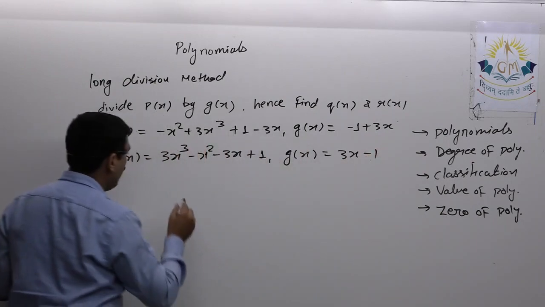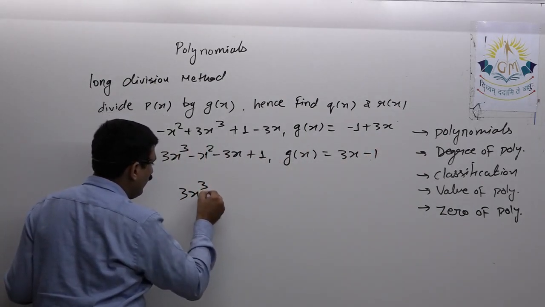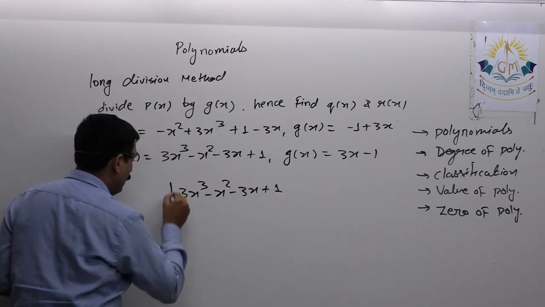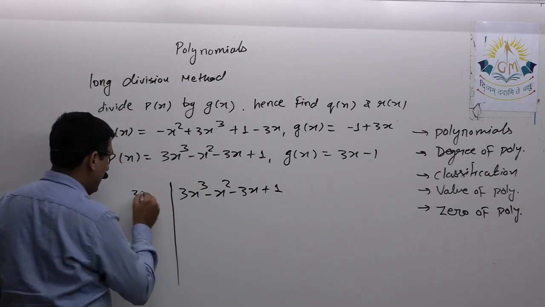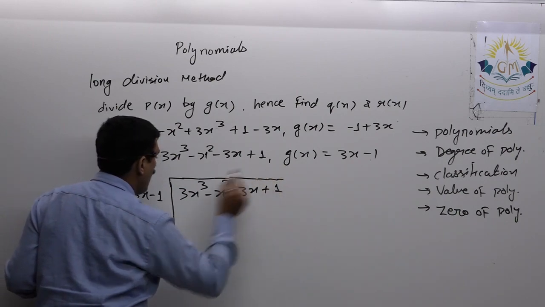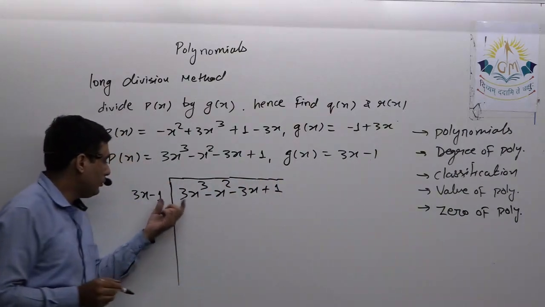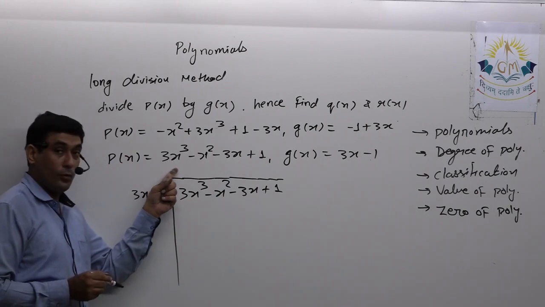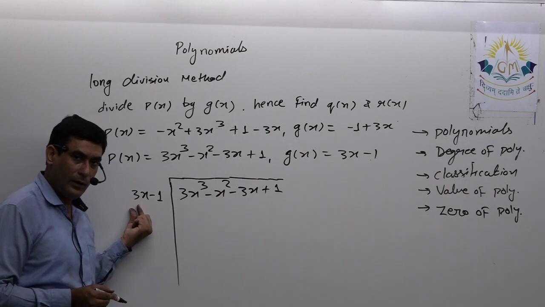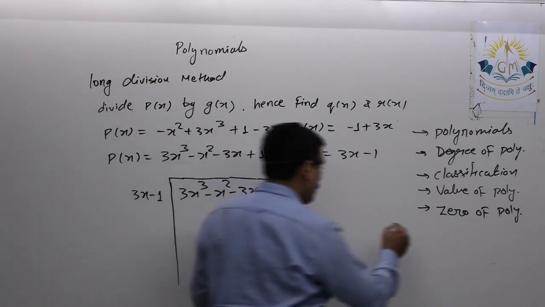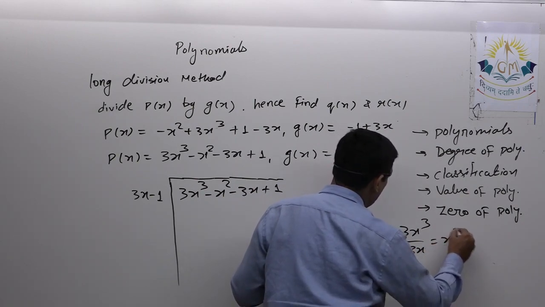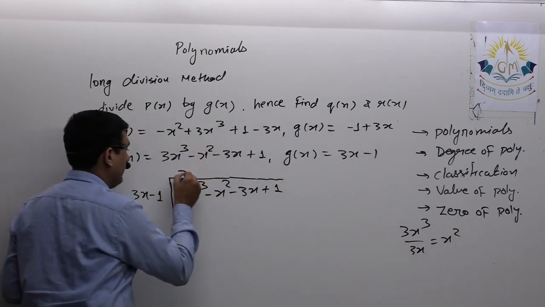Now we will see its division: 3x cube minus x square minus 3x plus 1 divided by 3x minus 1. To get the first term of the quotient polynomial, I divide the first term of the dividend by the first term of the divisor, 3x cube upon 3x, which gives x square.